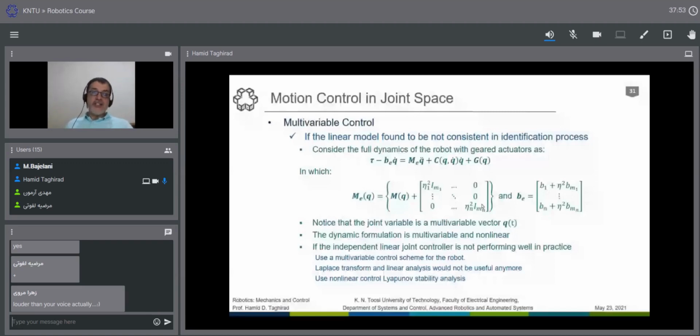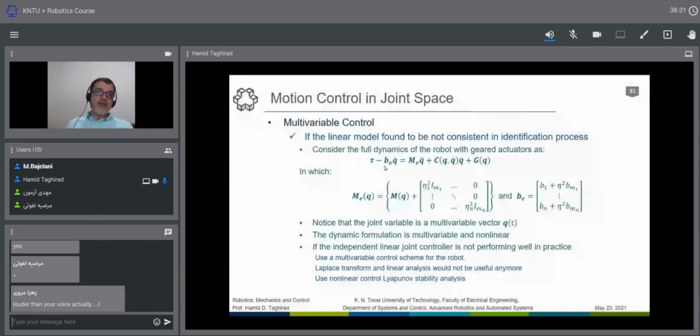So ME dot is equal to M dot. So we don't really change the properties of the dynamic of the system. And if eta is very small, you can just neglect this and go through the same old previous dynamic model that we have.